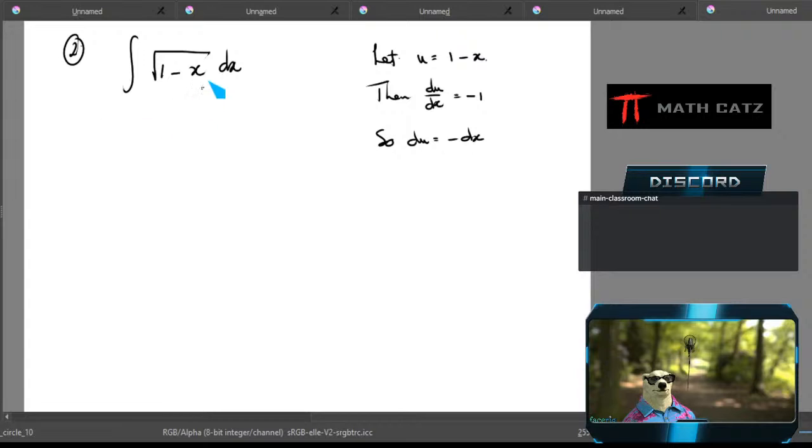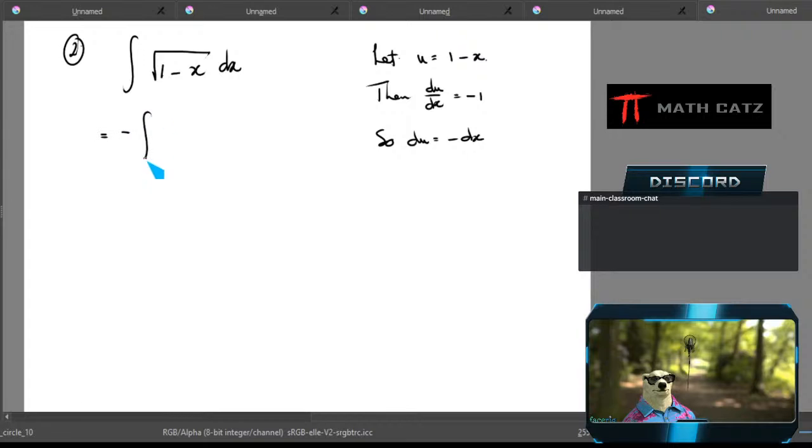Now I have to modify the look of my integral according to what I wrote down on the right here. Alright, let's do this. Well, this says that the root's going to be okay. It's going to be the root of u. No problem. In order for me to bring in the corresponding differential, I need a negative, and a dx. See the dx, I don't see the negative.